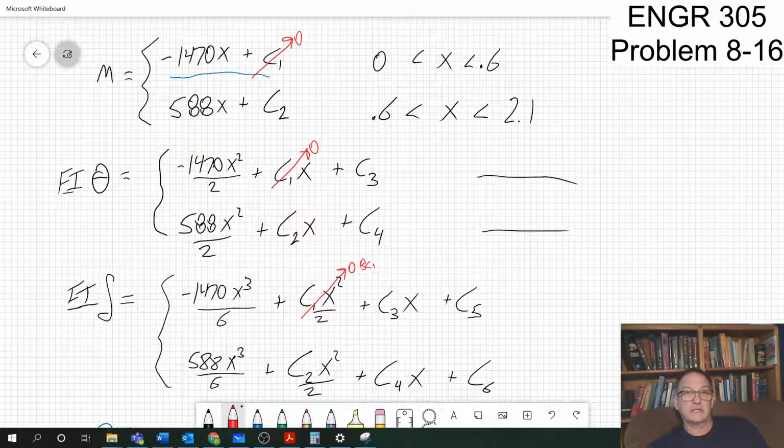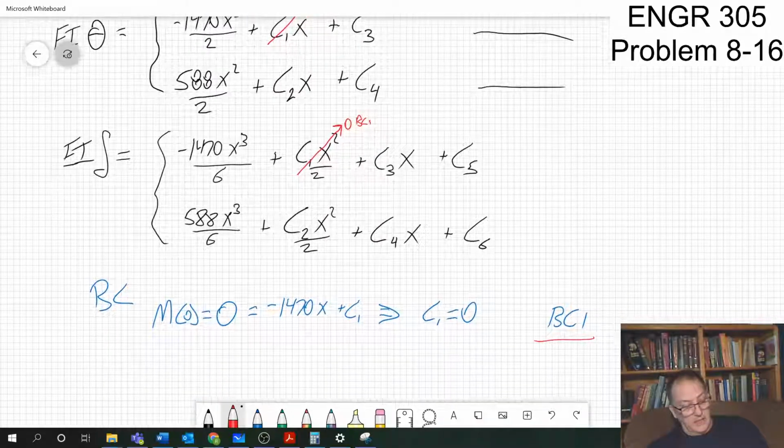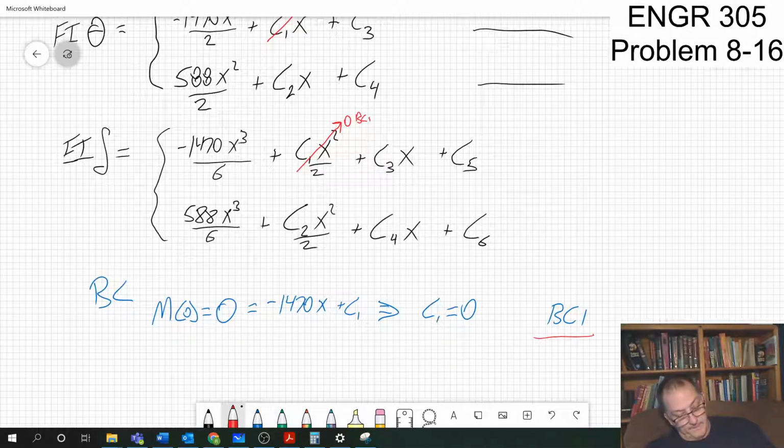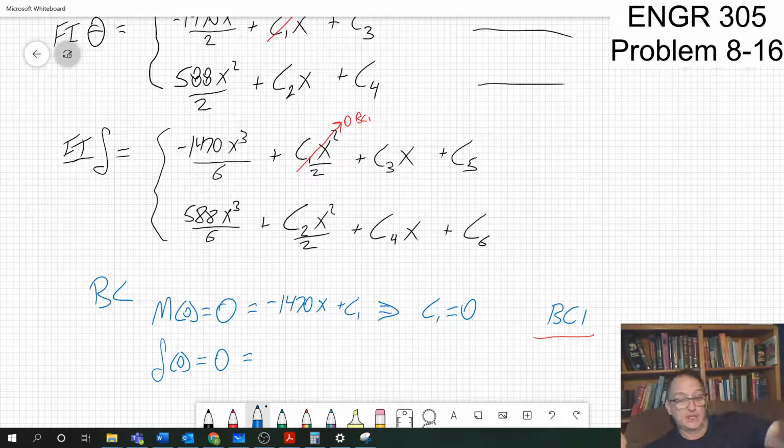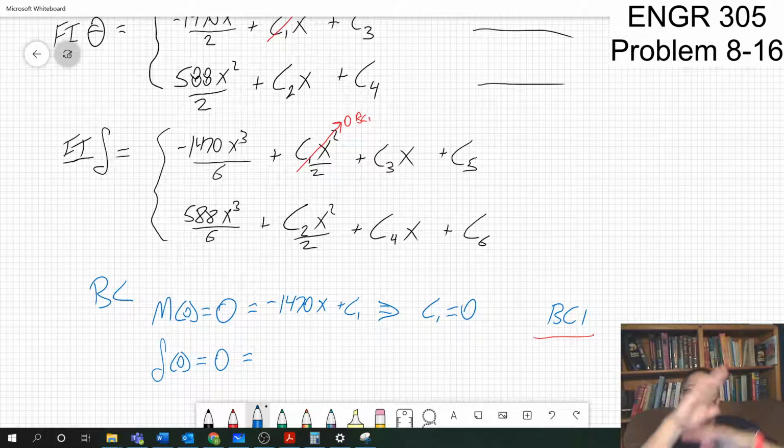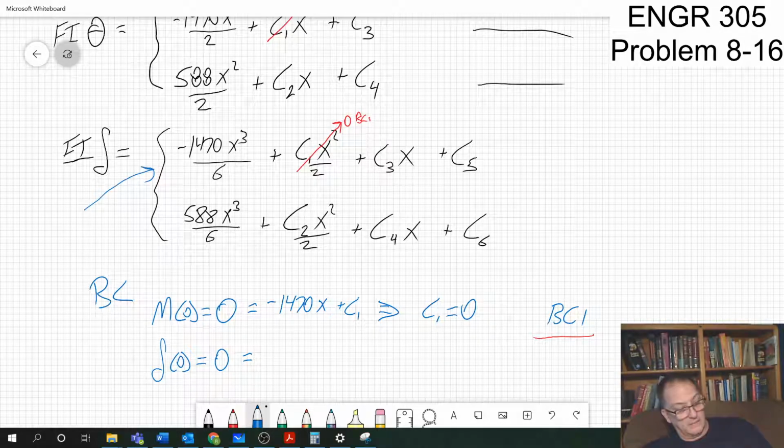Do I know anything else? Well, okay. I know that my displacement at 0 is equal to 0. That equation is this one right there. I'm going to have a lot of lines if I keep doing that, so I'm going to get rid of it.